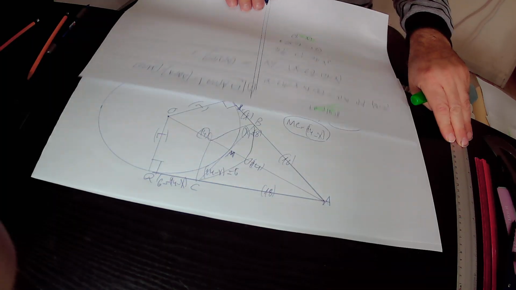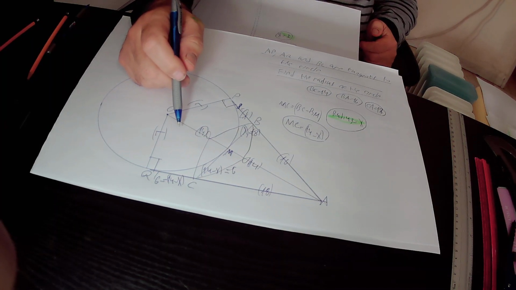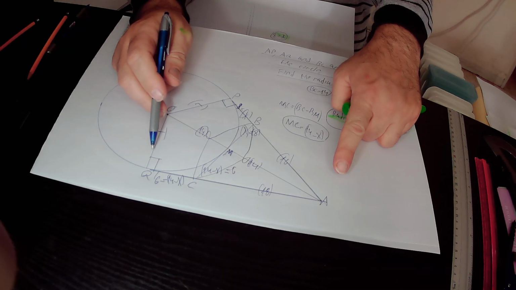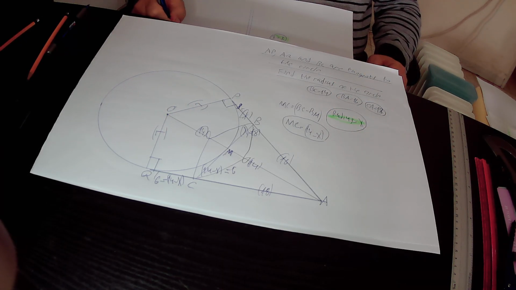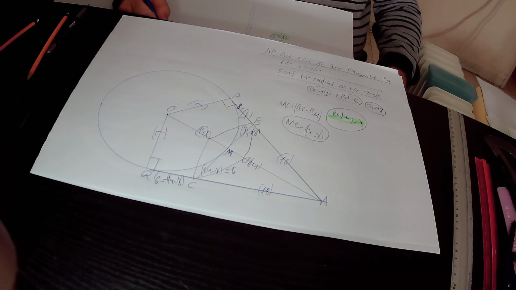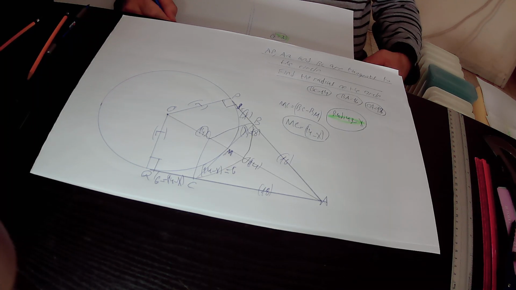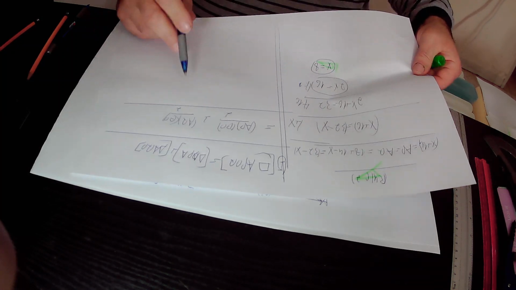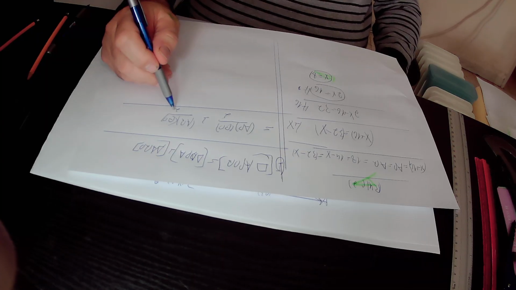Plus the area of the second component that quadrilateral APOQ consists of. The second component is this right triangle AOQ. The area of this right triangle AOQ equals the base AQ times the height to the base QO over 2.